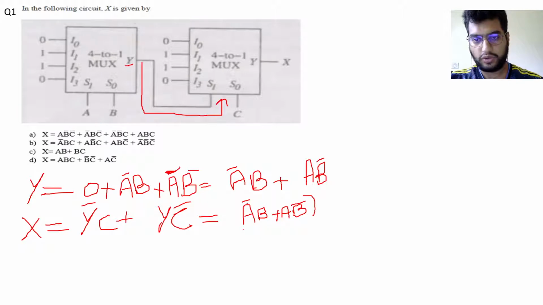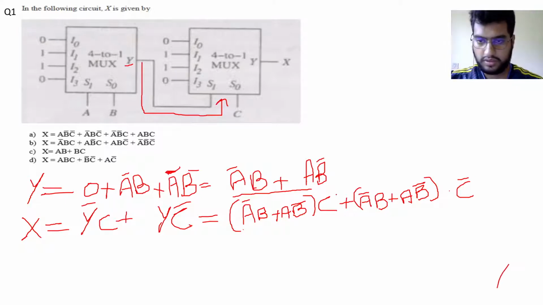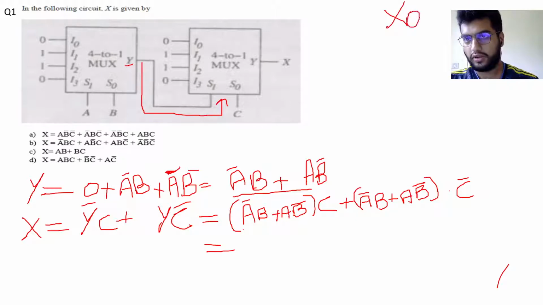and we have the whole complement of it, with C, plus Y, where Y is A bar B plus A B bar, dot C bar. Now, if you remember, A bar B plus A B bar is the XOR, and I'm just showing you one shortcut to this.